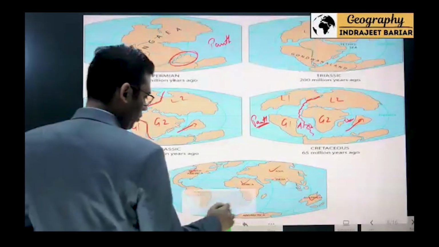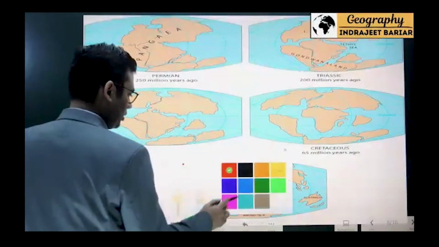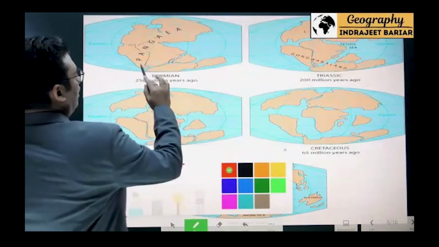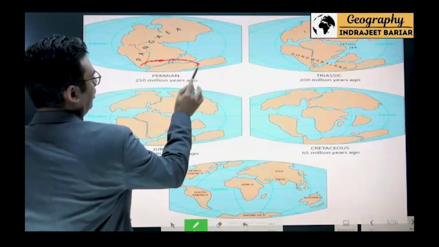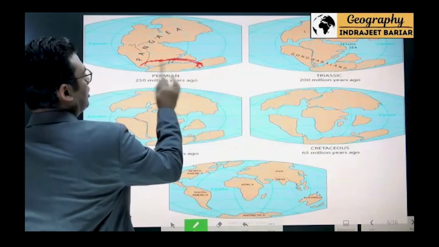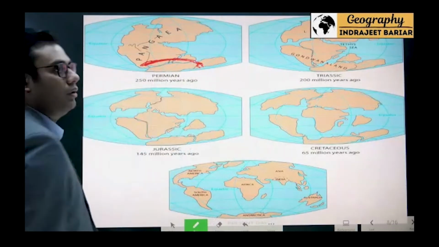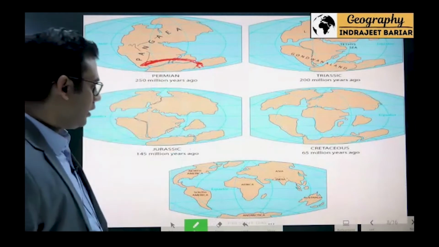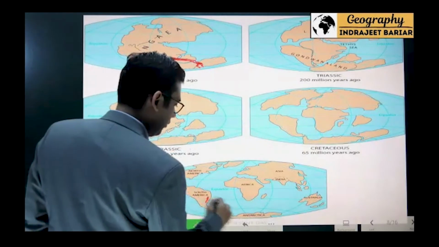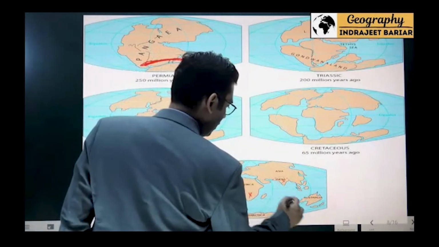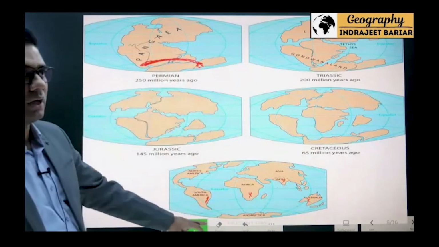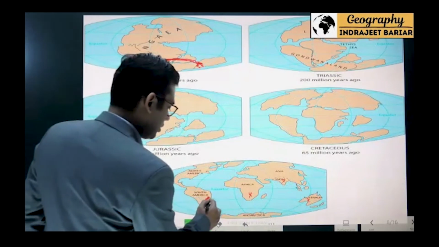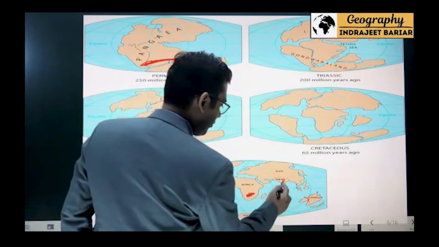So if I mark it over here, in whole of this area, from here to here, this is where the evidences of glaciation have been found. What I have marked right now lies over here, over here, over here. Correct. If you compare first diagram with the last diagram, this is the part we are talking about.